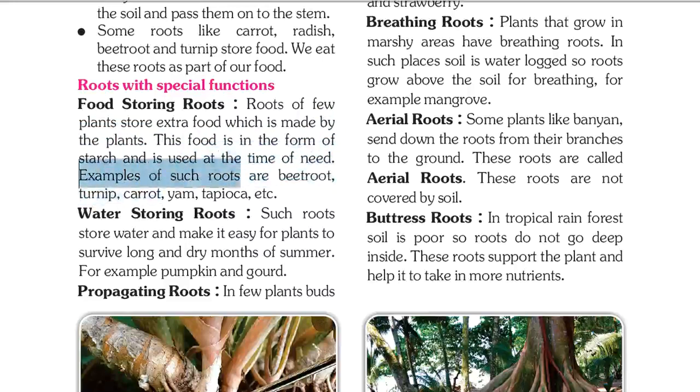Examples of such roots are beetroot, turnip, carrot, yam, tapioca, etc. Water storing roots. Such roots store water and make it easy for plants to survive long and dry months of summer. For example, pumpkin and gourd.